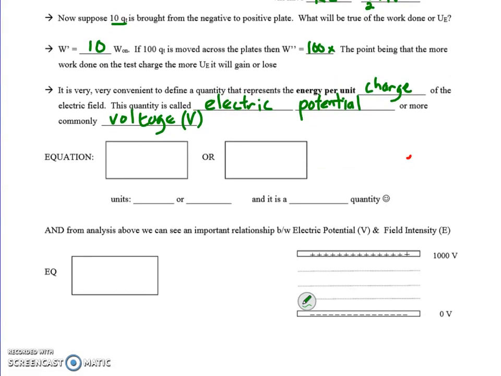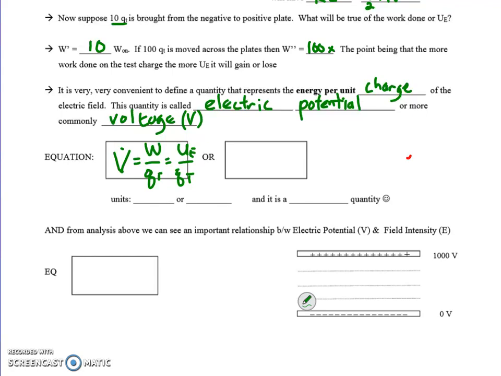So the definition of voltage, V, equals the work done on a charge divided by the amount of charge that you moved, energy per unit charge. We can often write that as U divided by Q test, depending on how the information is given. But again, this quantity V is dependent on where you are, not how much charge you have.